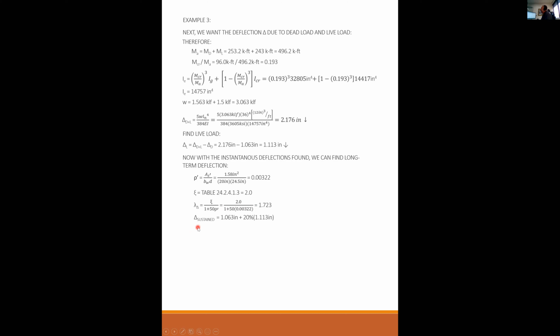So my delta sustained is 1.063. That was my dead load deflection, plus 20% of my live load, 1.113, is 1.286. Remember, because we were using 20% of the live load as sustained. So my total, add up everything.